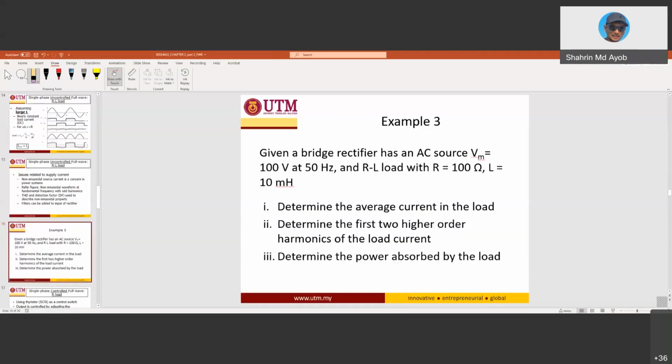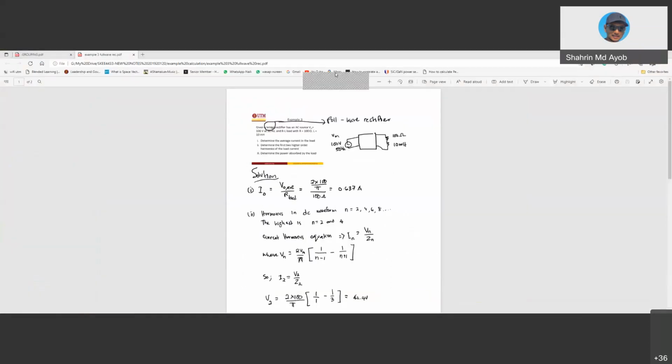I have shared it with you in our WhatsApp group.